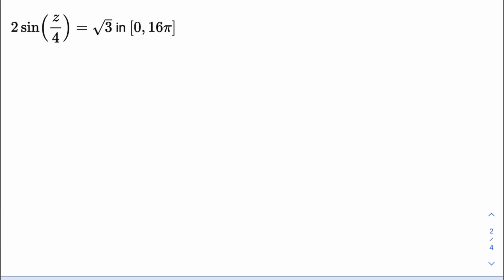We have 2 sine of z over 4 is equal to radical 3, and we're looking from 0 to 16 pi. The first thing I notice before I even start solving is that with z over 4, the period has been stretched, right? When we look at sine of theta, the period is just 2 pi, and we find the period by doing 2 pi divided by b.